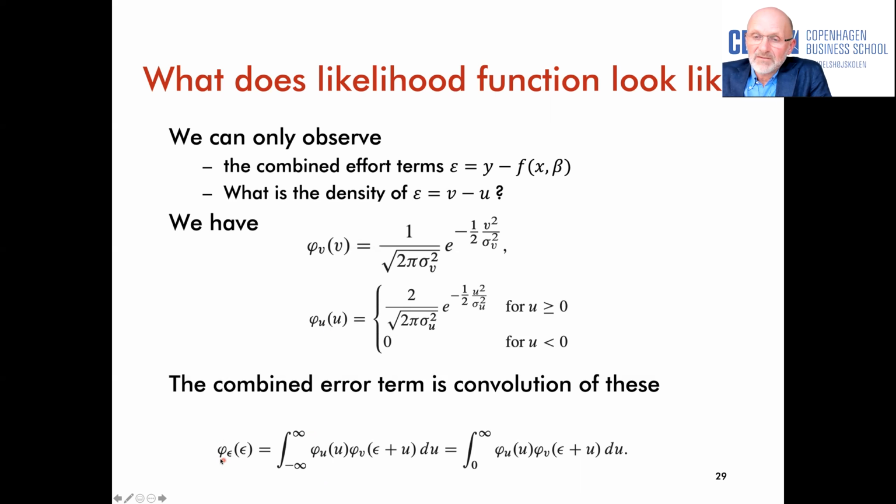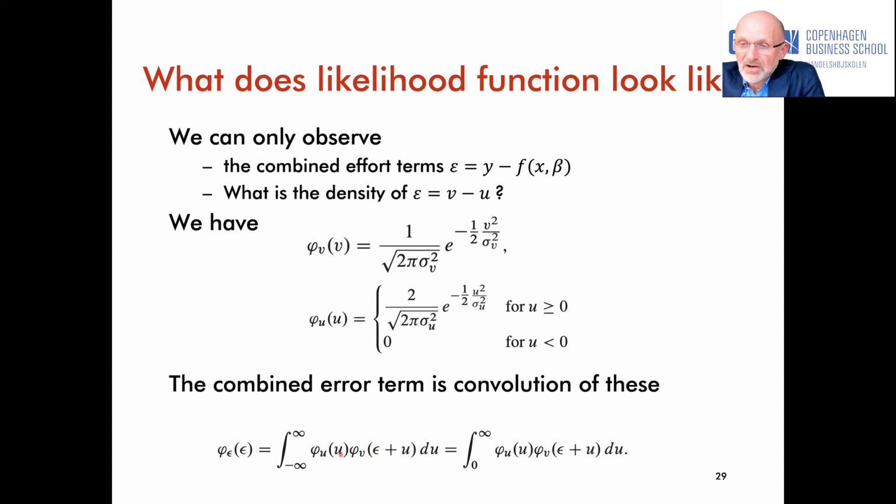So if I want to find the probability of observing epsilon, that is the probability of observing U plus the probability that V is epsilon plus U, because then when I take this V and subtract U, I just have epsilon left. So one way to get epsilon is that this one is U and then V is equal to epsilon plus U, because then the combined term becomes epsilon.